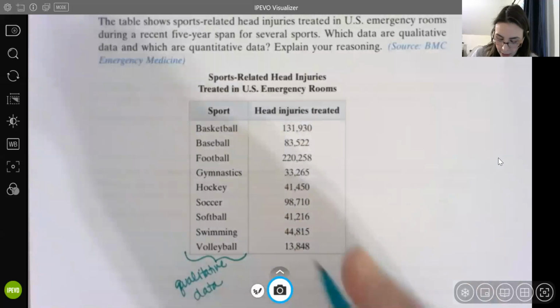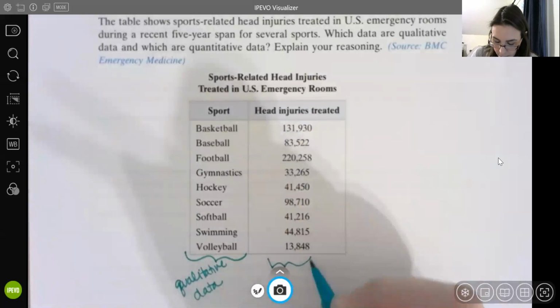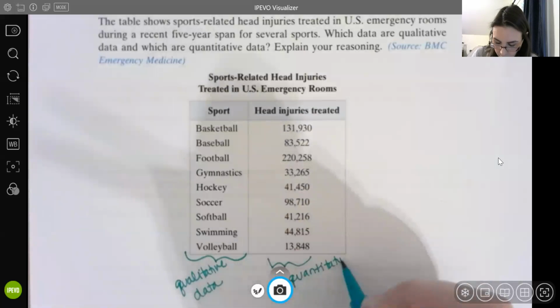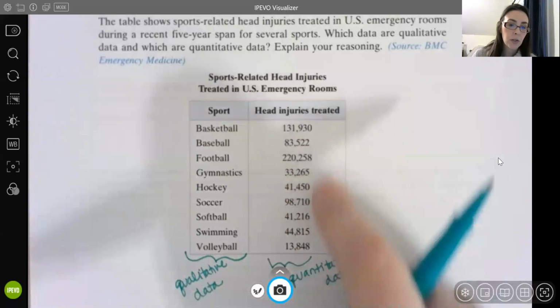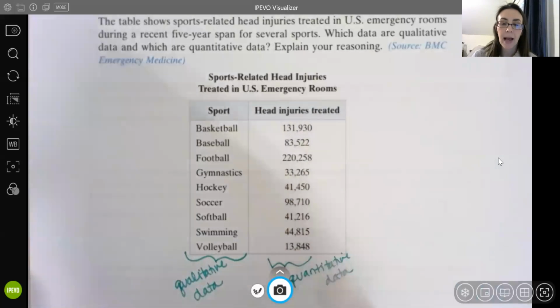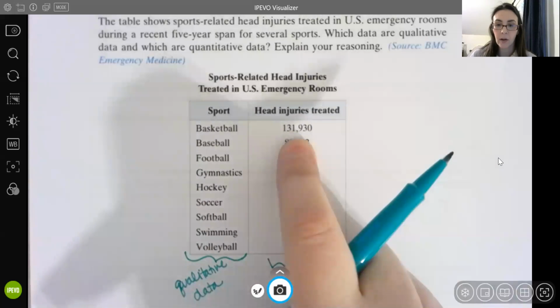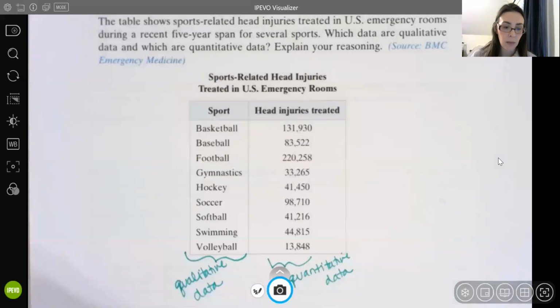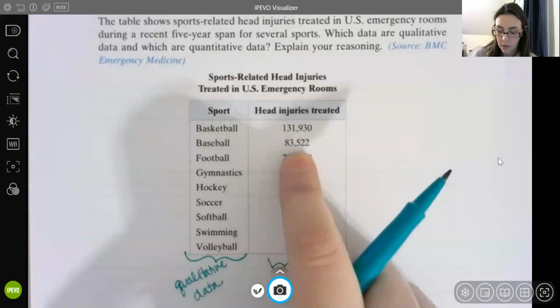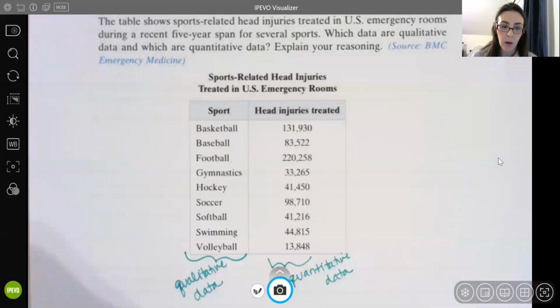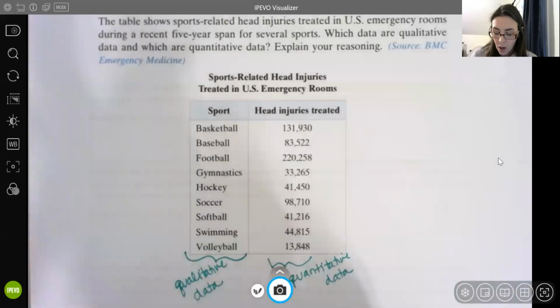The numbers on the right, this is your quantitative data. So these are measures or counts. These happen to be counts, right? How many occurred? So 131,930 occurred in basketball. 83,522 occurred due to baseball, and so on. And beyond that, it actually would make sense to work with these numbers, right?